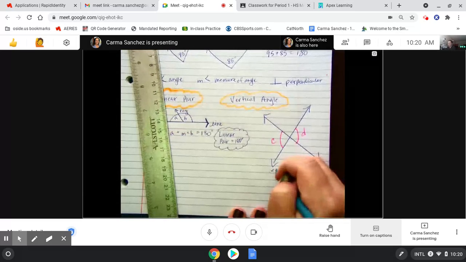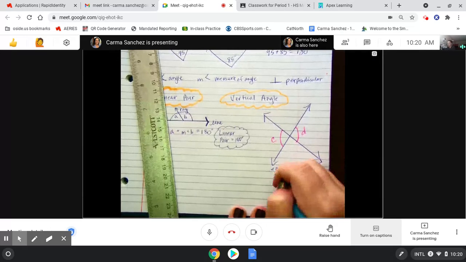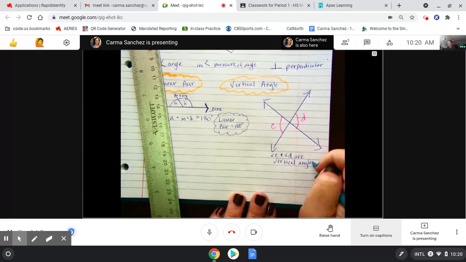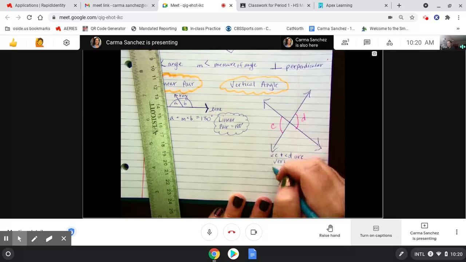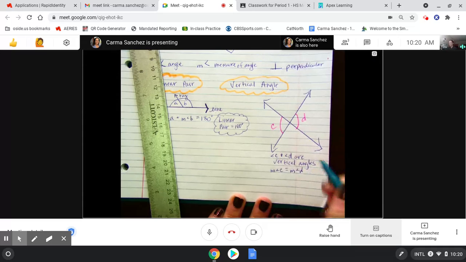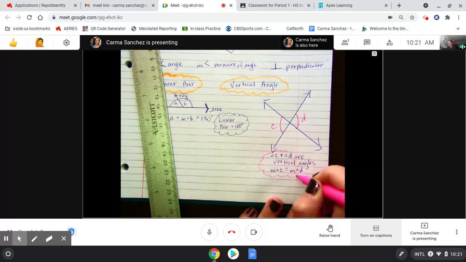And therefore, we can say that they're equal. The measure of angle C is equal to the measure of angle D. And the reason is that they're vertical angles. They are equal. This is the rule that we know about vertical angles.